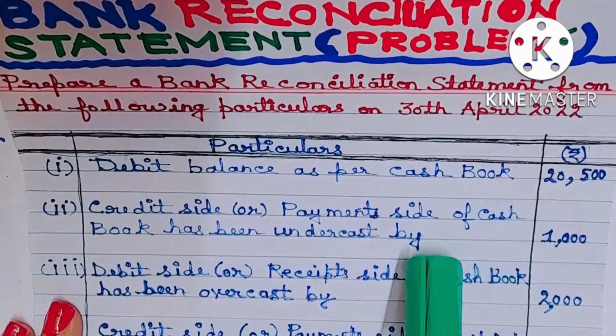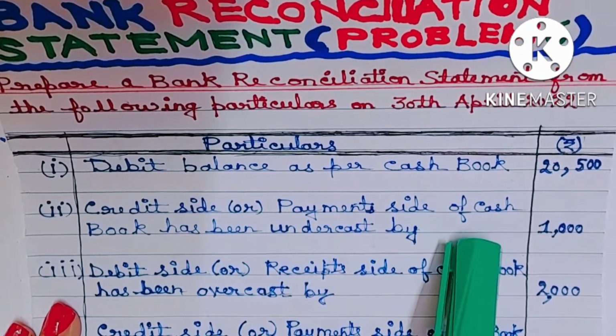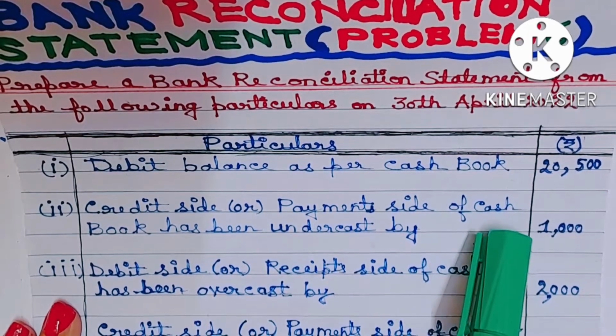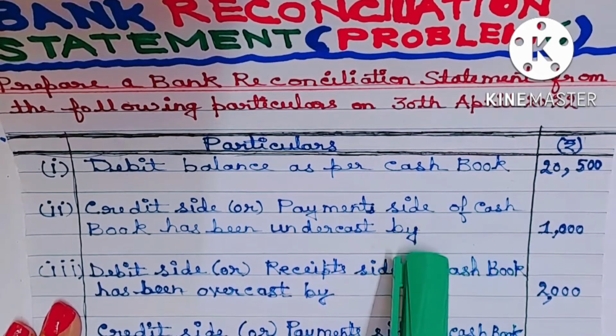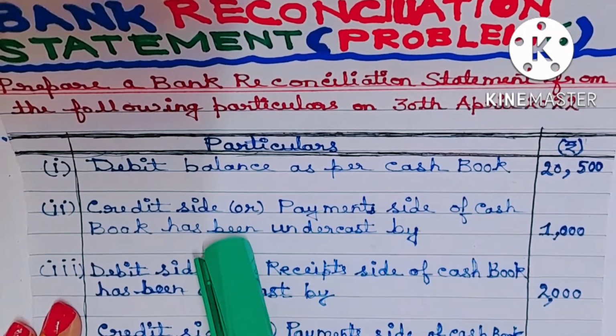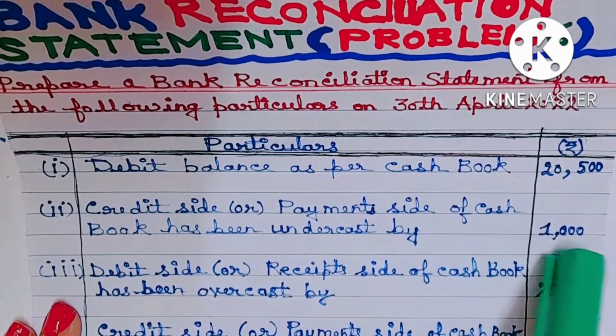So the total of credit side or payment side of cash book has been wrongly totaled by the businessman, which is equal to rupees 10,000. That is 11,000 minus 1,000, because credit side or payment side of cash book has been undercast by rupees 1,000.